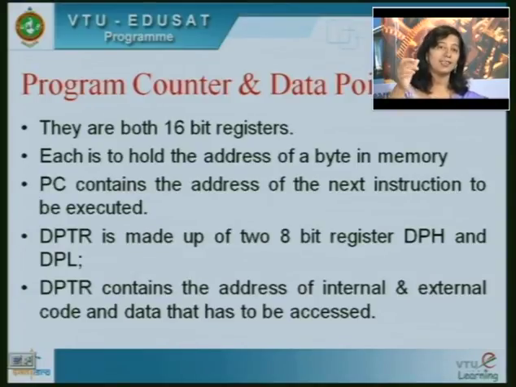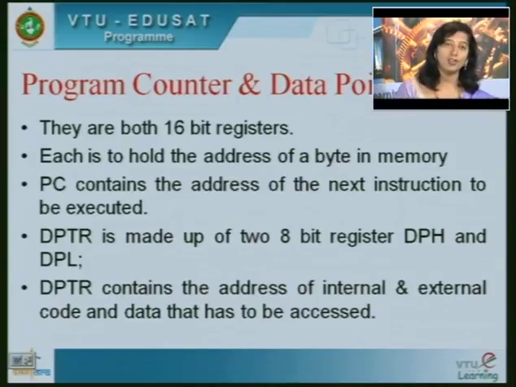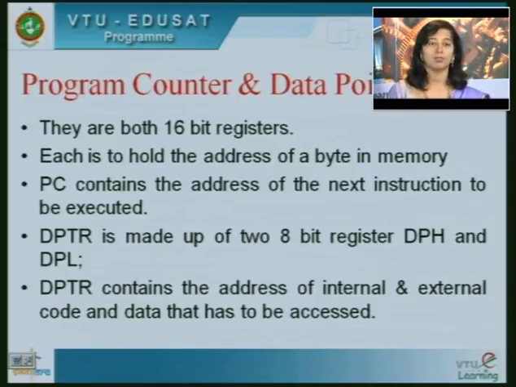So the next instruction in the program will be fetched into the main unit, there it will be executed, and later on the result can be stored in any RAM data memory, and to store that result I will use a data pointer which is also a 16-bit pointer to point to a data memory location to store the result of my computation. Is that clear? So this is how we use the program counter and the data counter.